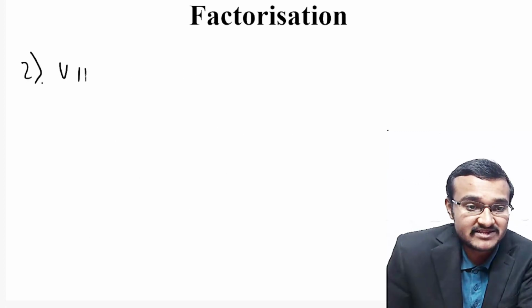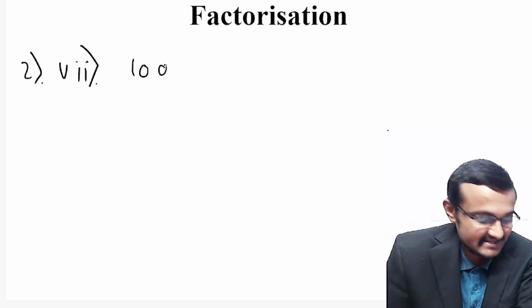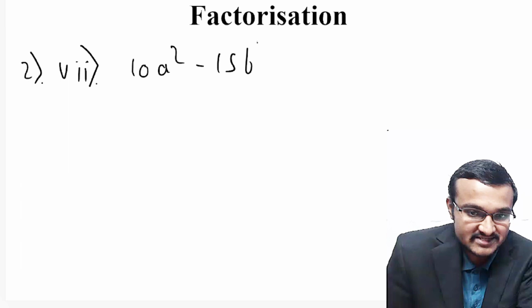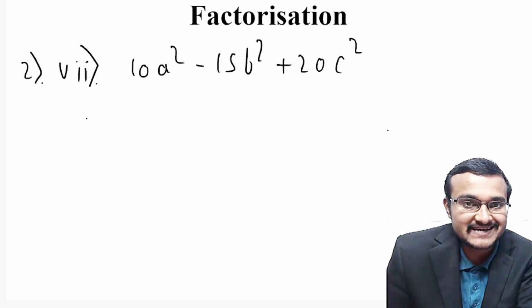So coming to the 7th question in this particular second question, there they have given 10a square minus 15b square plus 20c square. Now you should actually take the common factor of these three terms.